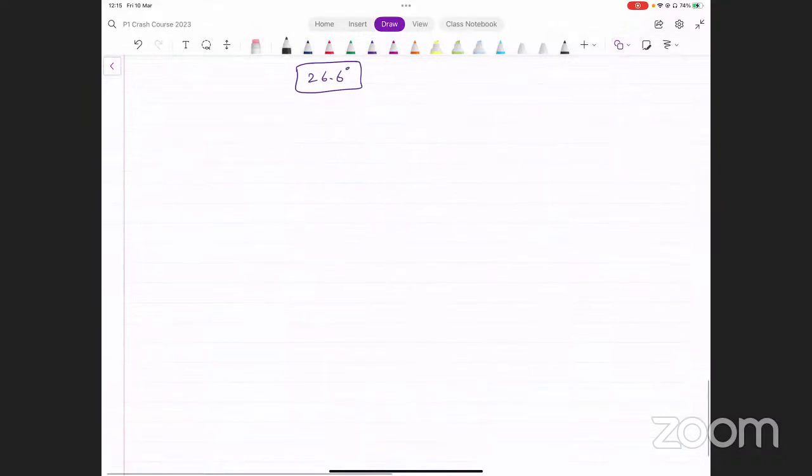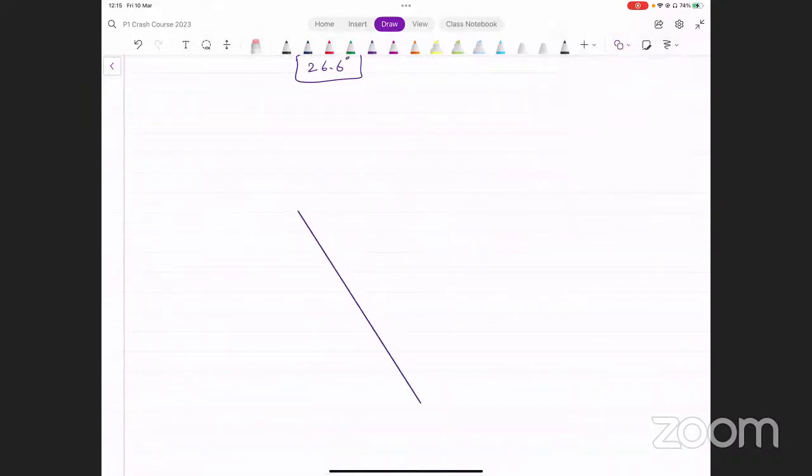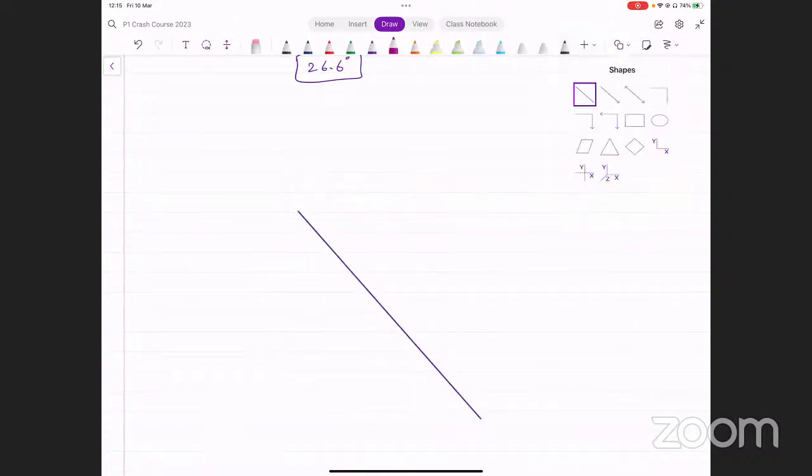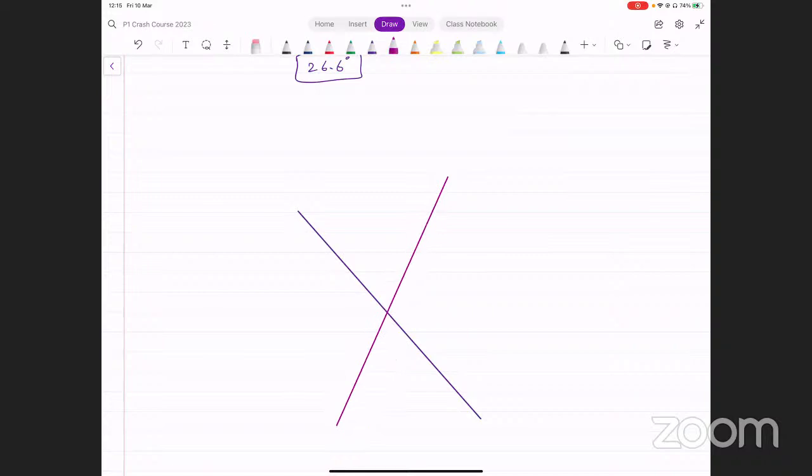Let's take another example. Let's say we have a line that looks like this, and we have another line. So this is one line, and we have another line which is going like this. All right. Now let's find the angle between these two lines.